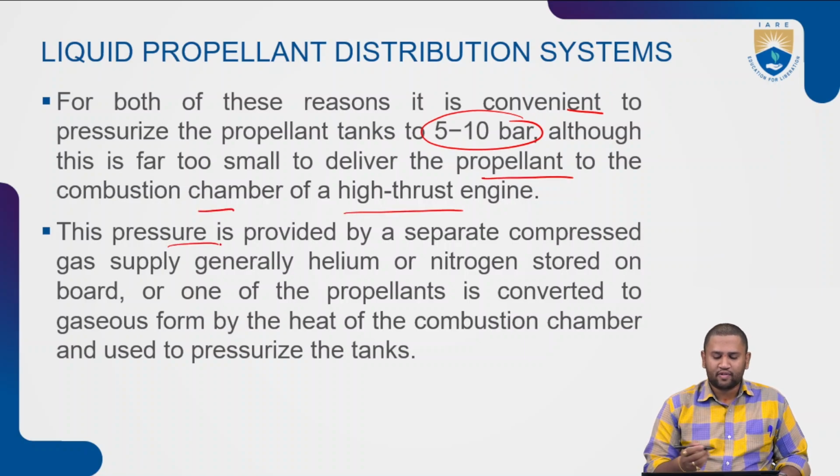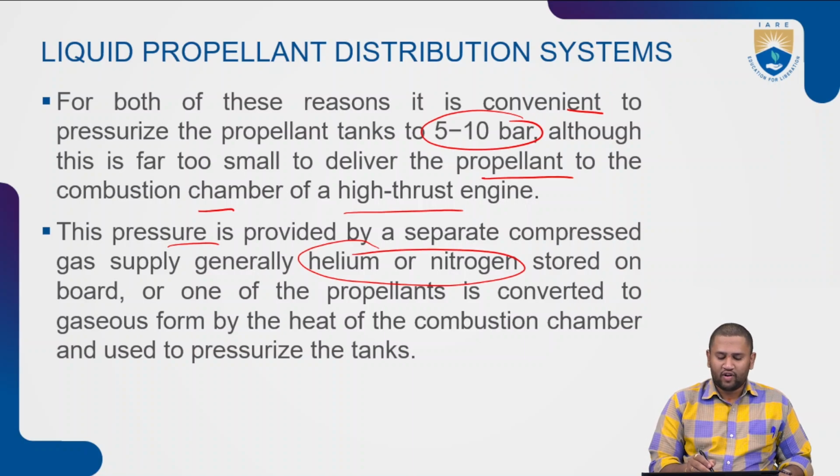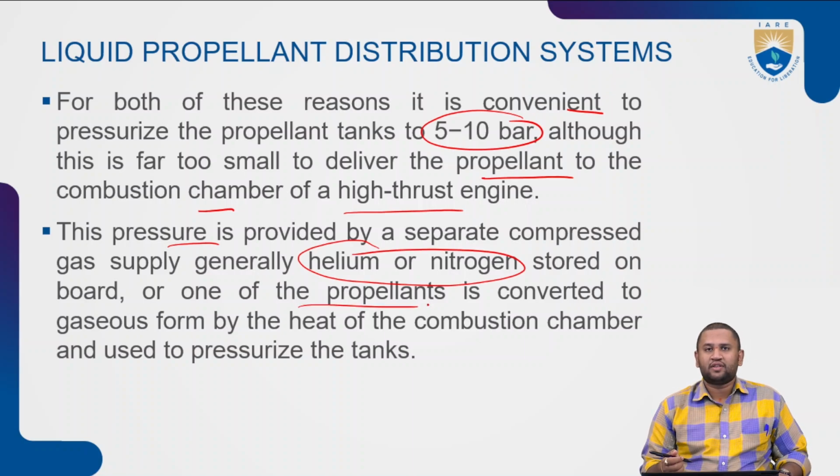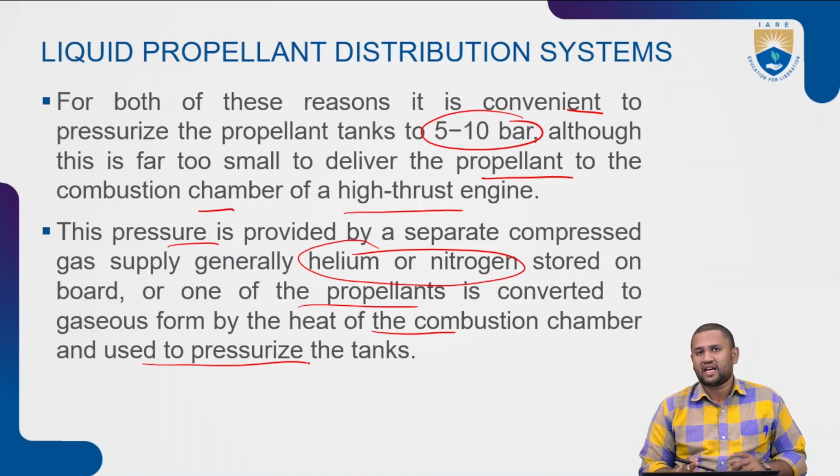So this pressure is provided by a separate compressed gas supply, generally an inert gas, helium or nitrogen, that is stored on board, and one of the propellants is converted to gaseous form by heating in the combustion chamber and used to pressurize tanks.